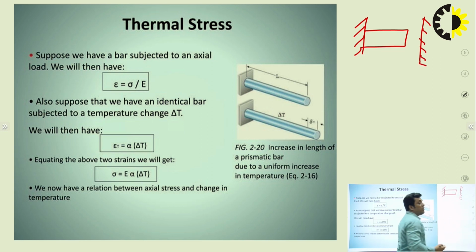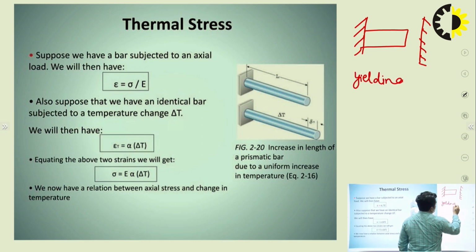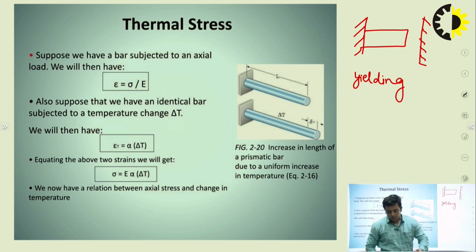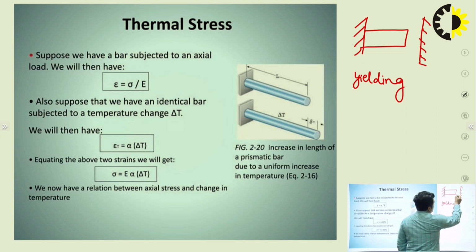This partial restriction is known as yielding, and this yielding distance is given by y.